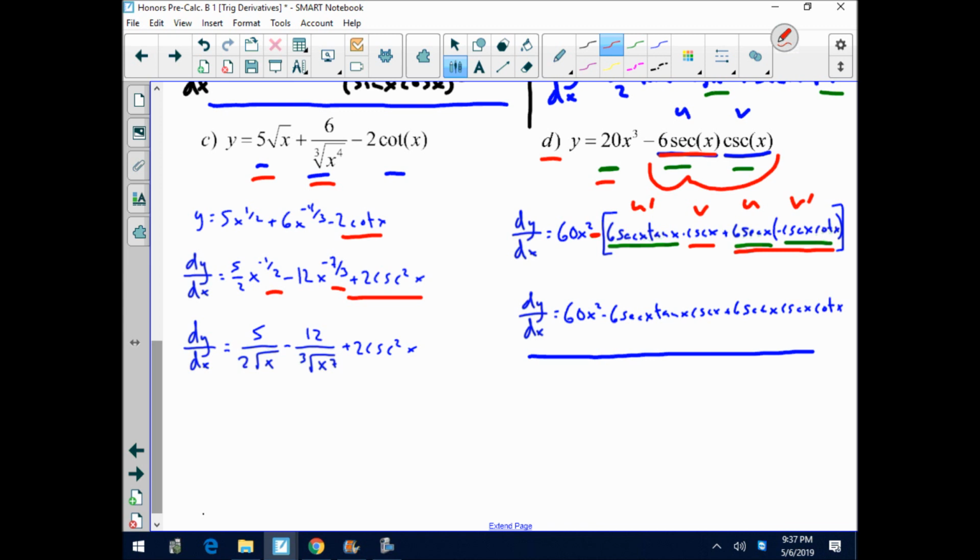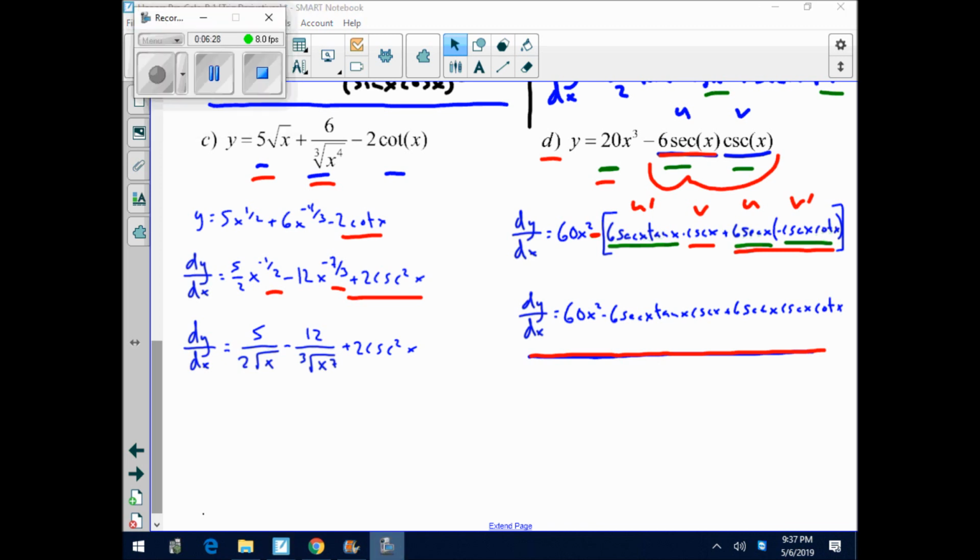And of course there's more simplifying we can do here, but this is a good enough form of the derivative for now. We won't worry too much about simplification past this unless we really want to use the derivative a whole bunch. So these are the last problems we're going to do in this video, and we will stop the video here and take a look at this stuff again on Wednesday.